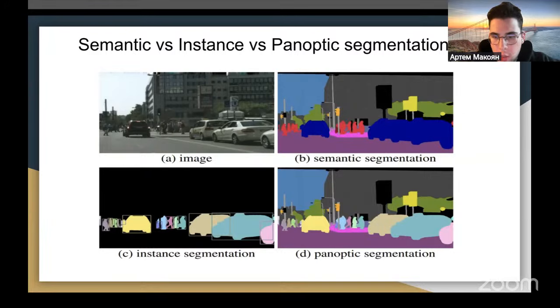And panoptic segmentation merges the two previous approaches. In fact it's the sum of semantic segmentation and instance segmentation. We can distinguish each instance, and we can distinguish classes.